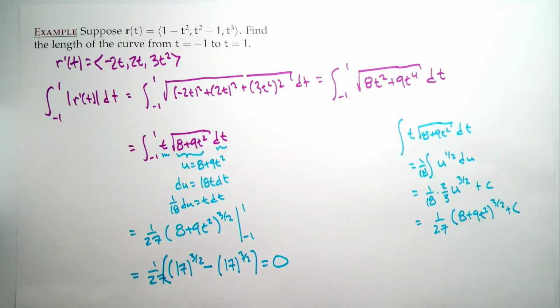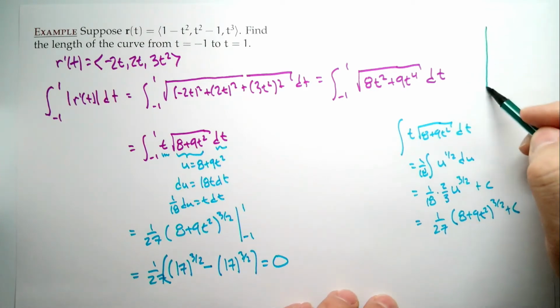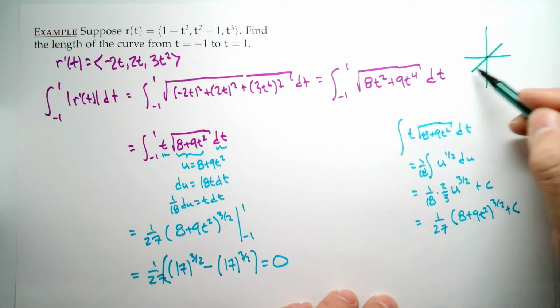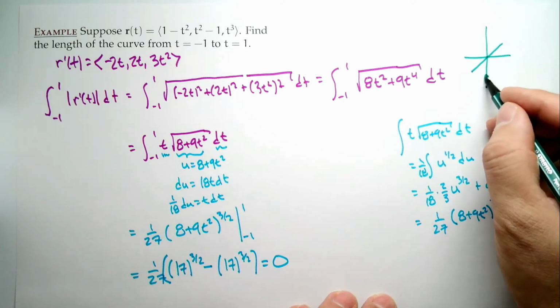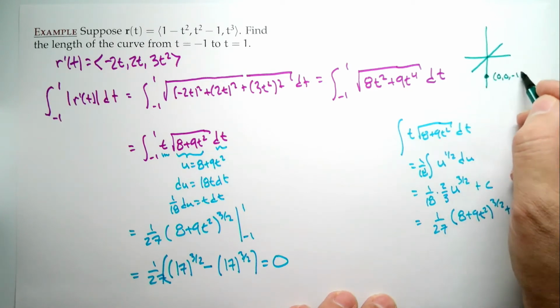But that's kind of suspicious for a couple of things. If I go from time t equals -1 to time t equals 1, and we say the distance traveled is 0, what should be true about the particle? It hasn't moved. Because if you haven't traveled any distance, you've gone nowhere. But here's something kind of peculiar. If you plug in where you are at time -1, it turns out that you're down here at 0, 0, -1.